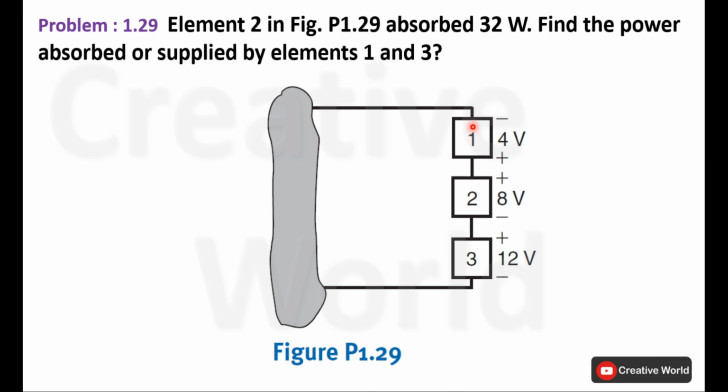We have to calculate the element 1 and 3 power and also identify whether that power is being supplied or absorbed. So without wasting time, let's proceed towards the solution.